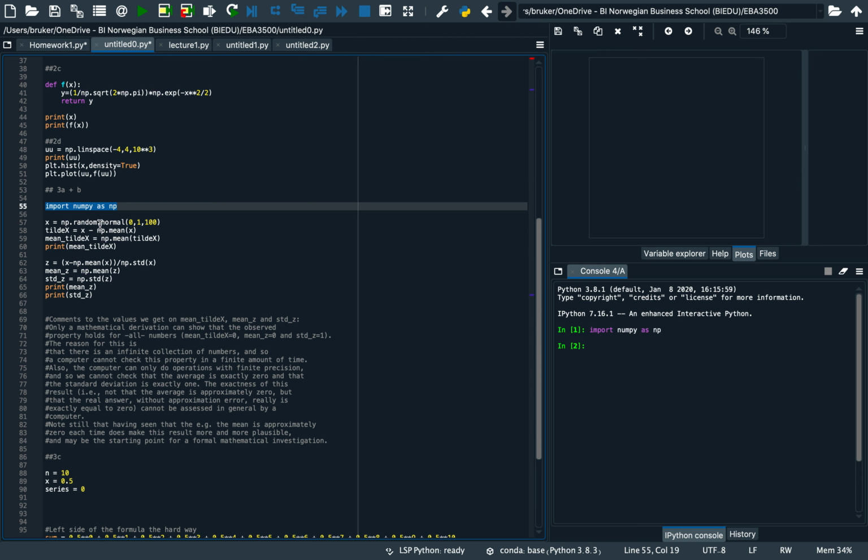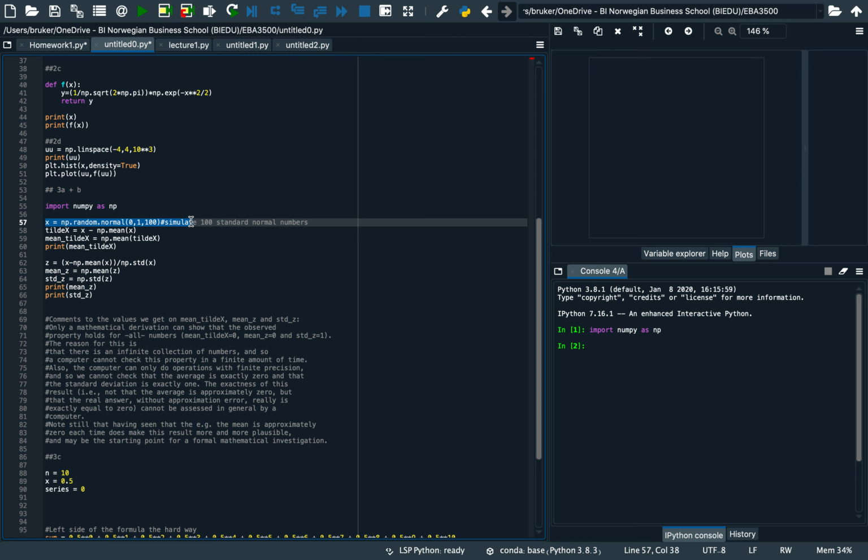And then I simulate 100 standard normal numbers with this random normal function in the package np.